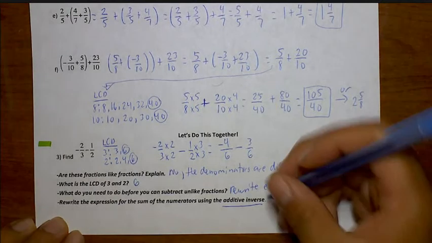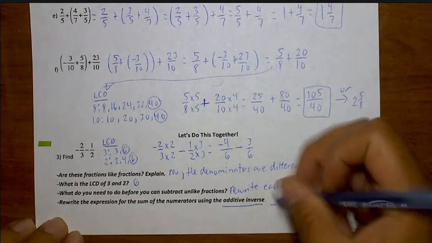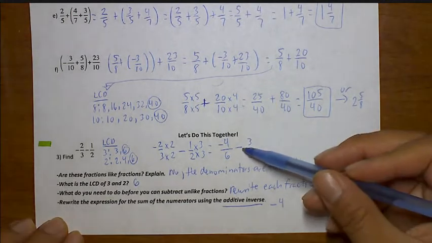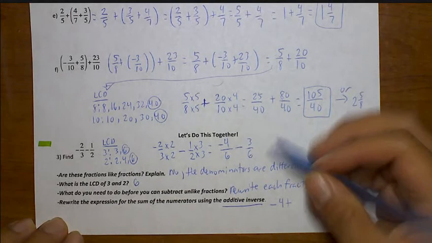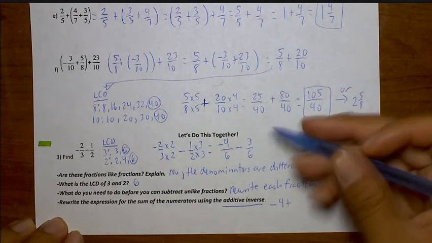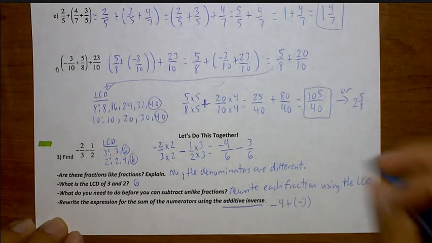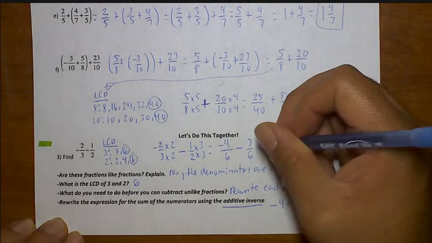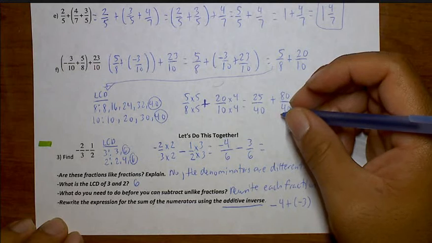I notice that I have the same denominator now, which means I can add the numerators. Negative 4 plus negative 3, same sign, add and keep. Negative 7 over 6 is my final answer.